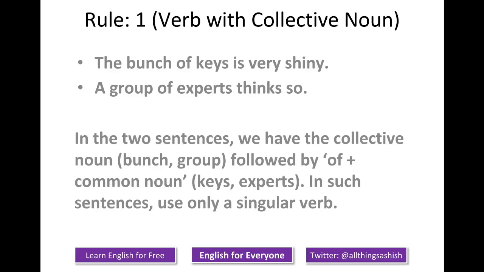And the common noun in these cases is keys and experts. In such sentences, use only a singular verb. So it'll be wrong to say the bunch of keys are very shiny or a group of experts think so.